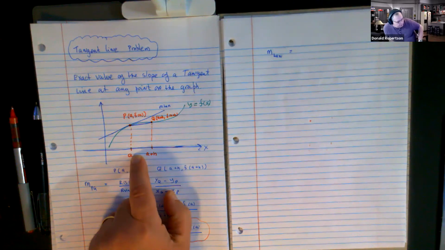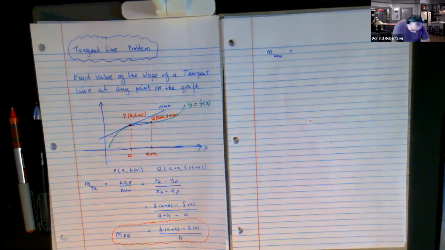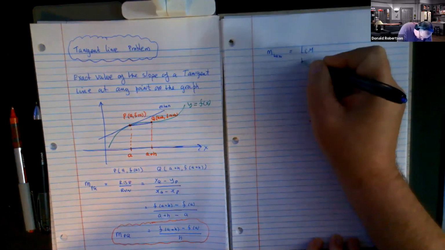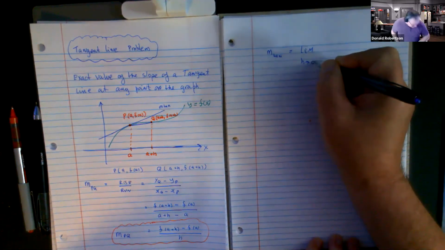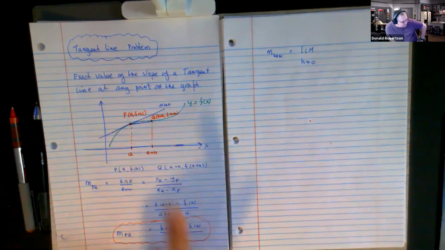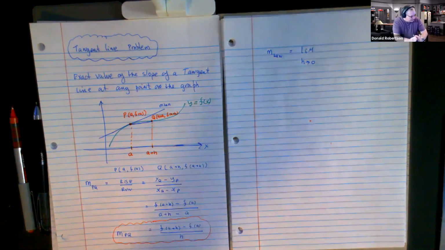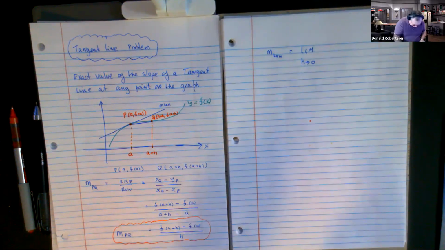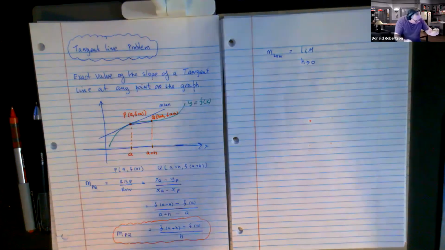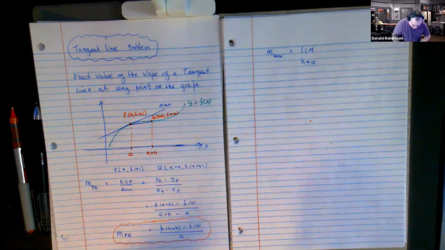In other words, what happens if I take the limit as H tends to 0? Won't this slope become the tangent line's slope? I'm not making them equal to 0. Do you notice I'm using limits? I'm saying its limit as it becomes closer to 0.